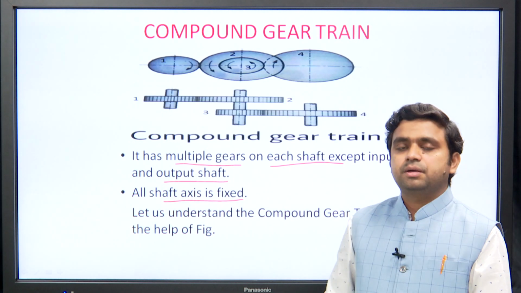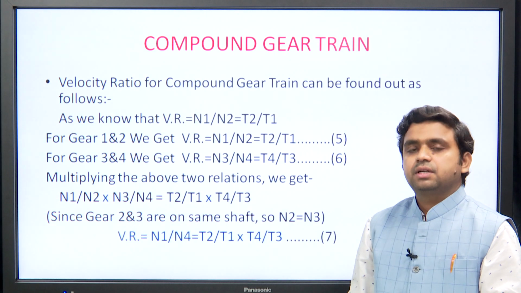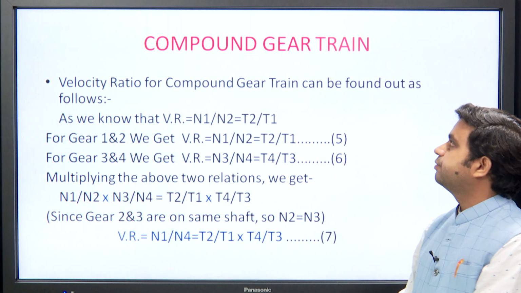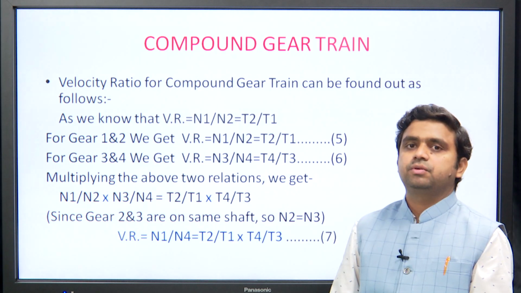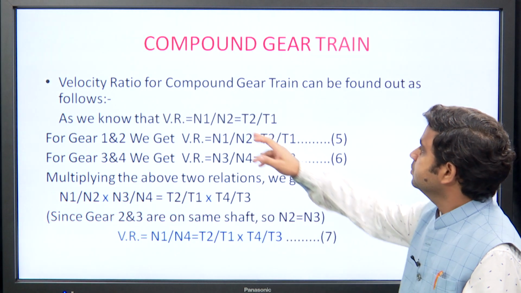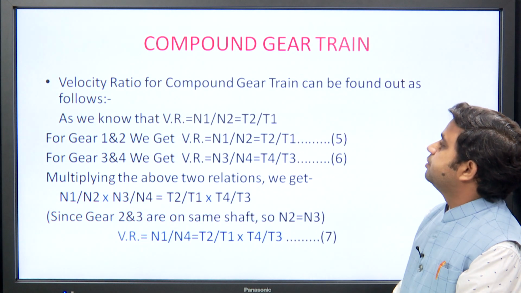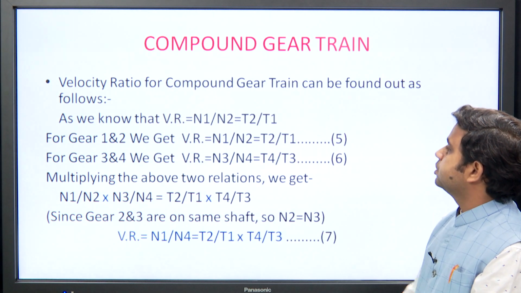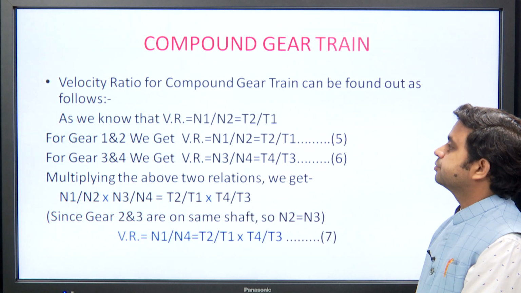Now, let us find out the velocity ratio of compound gear train. The velocity ratio of compound gear train can be found out in a similar way by the same formula of velocity ratio, as we know that velocity ratio is equal to n1 by n2 is equal to t2 by t1.